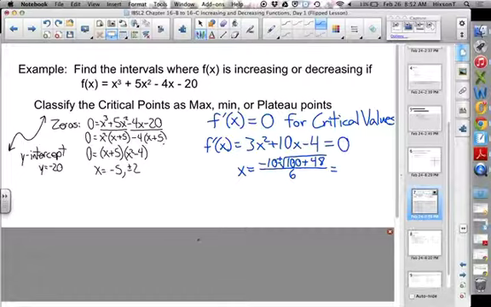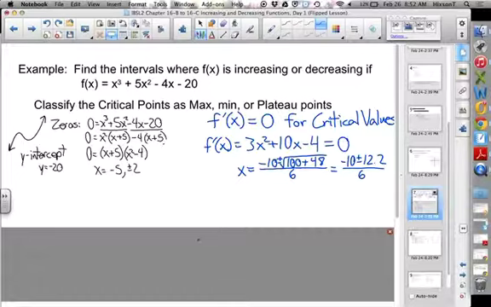And if we could have some help on the calculator, what's the square root of 148? Should be 12 point something, like 12.1. 12.1655. Okay, 12.16, so we'll make it 12.2.